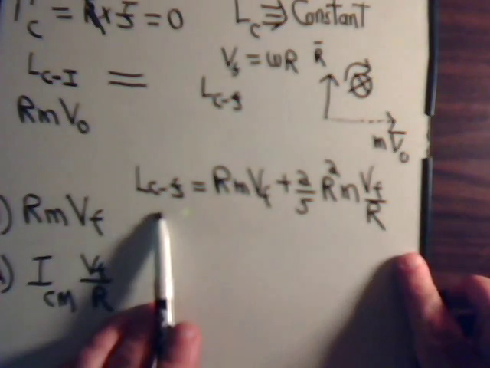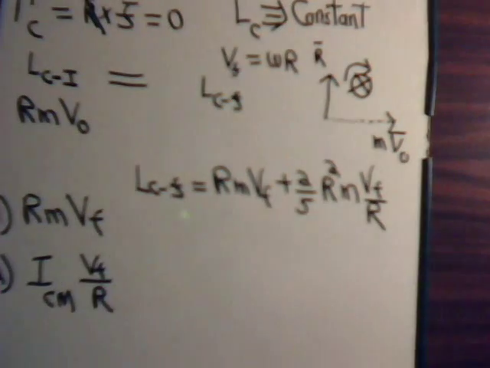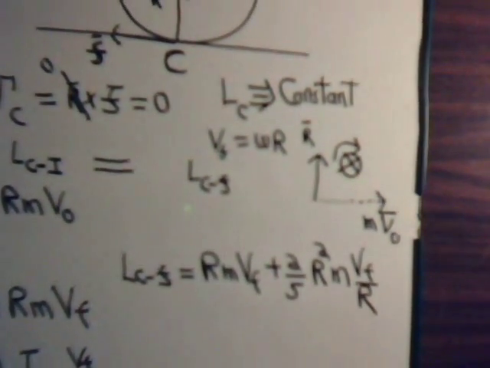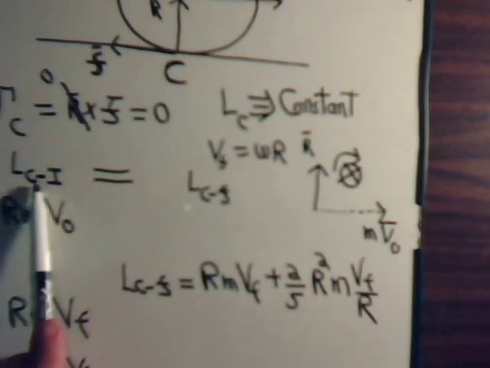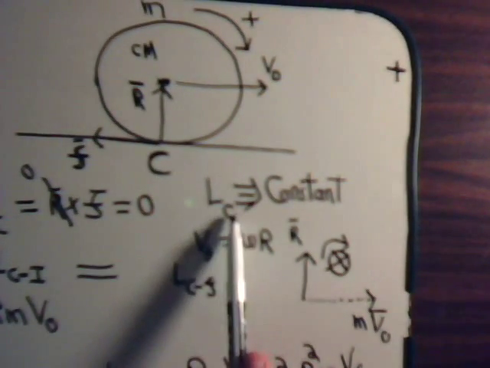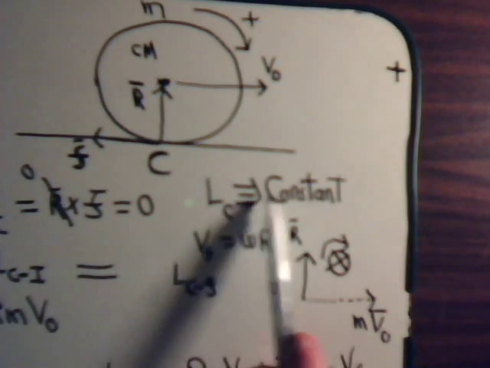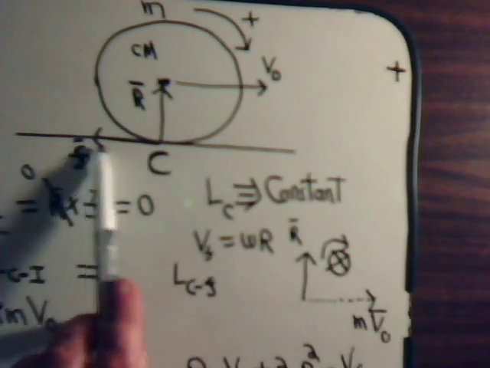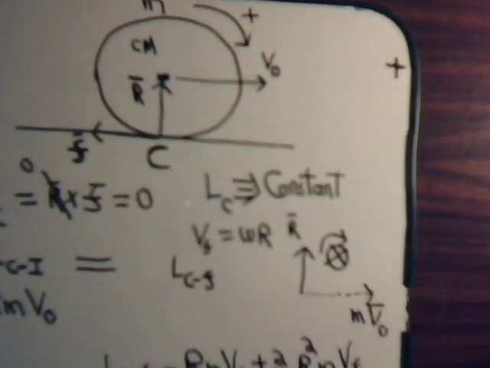So this then is the angular momentum at the time when the ball goes into pure roll. And that has to equal the initial angular momentum, because the momentum about the contact point C is constant, because the torque here about point C is 0.